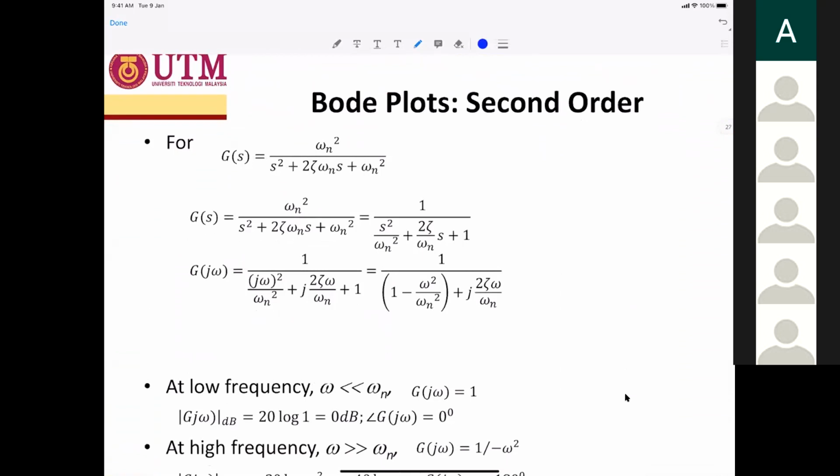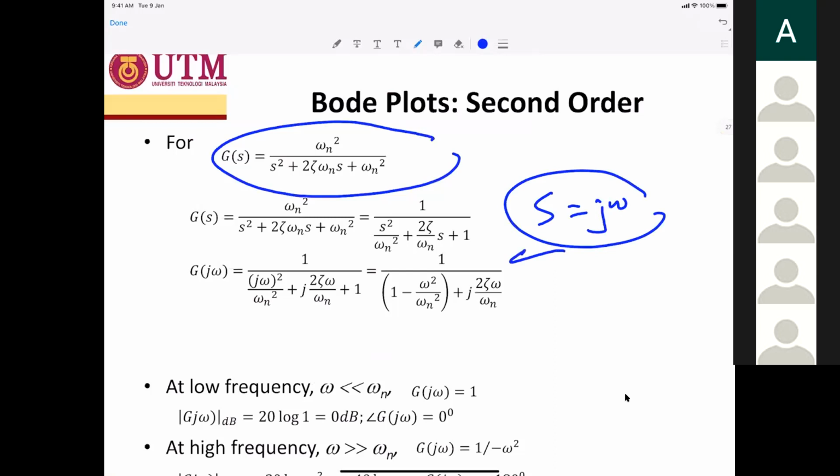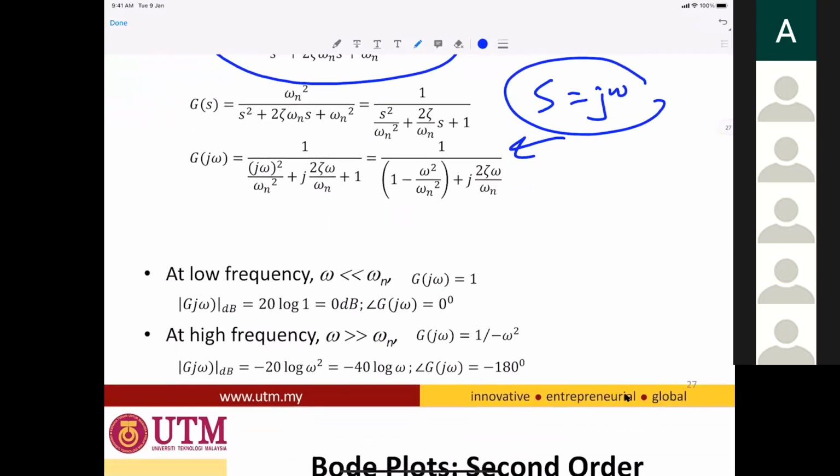So Bode plot for the second order. A second order system is represented by this standard formula: omega n square over s square plus 2 zeta omega n s plus omega n square. So we replace s with j omega, then we simplify.